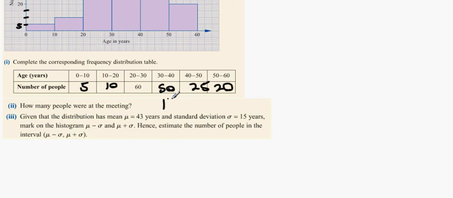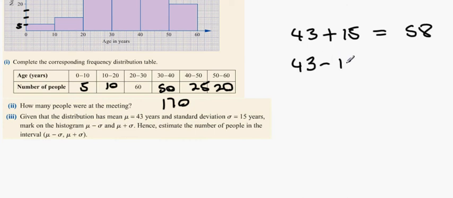Now what it says is, given that the distribution has a mean of 43 years and a standard deviation of 15 years, mark on the histogram where the mean minus the standard deviation is and where the mean plus the standard deviation is. So 43 plus 15 is 58, and 43 minus 15 is 28.